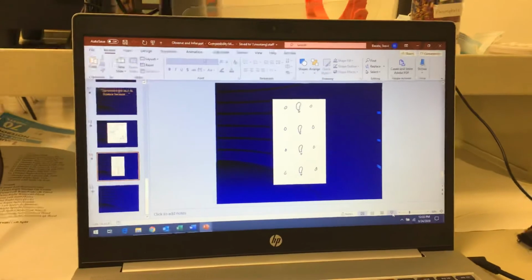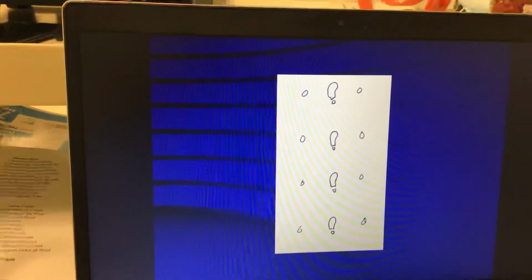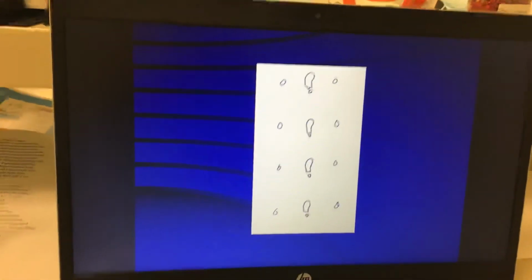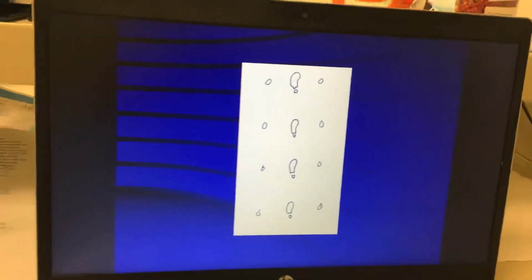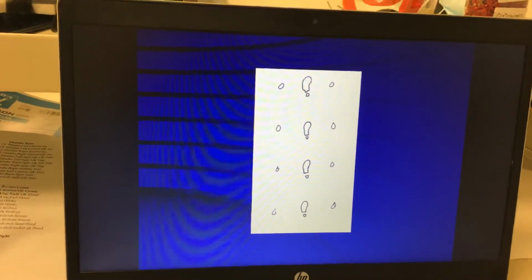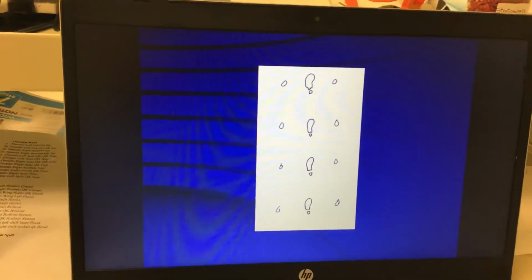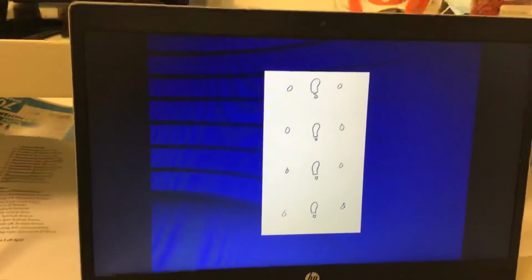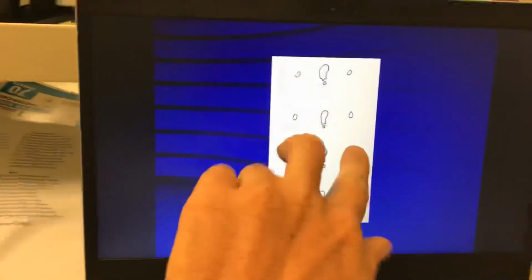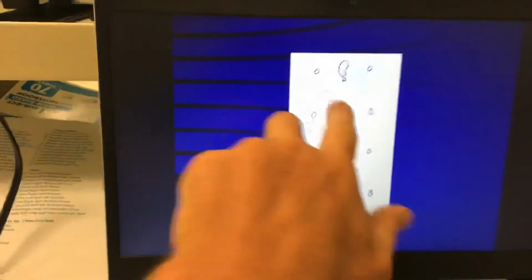If we look at this one right here, these are also tracks in the snow. We can draw some inferences here. Take a minute and see what you think. My guess would be that it is someone on crutches, that these are their crutch spots and there's their good leg.